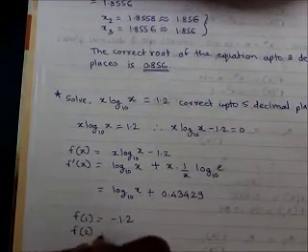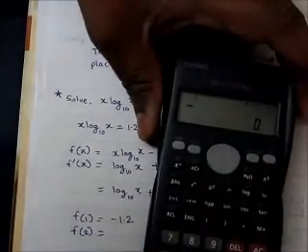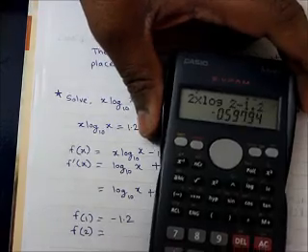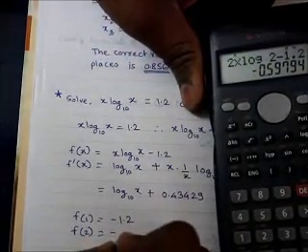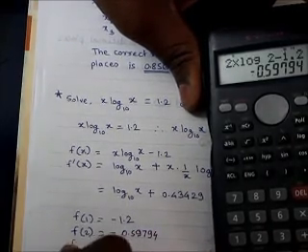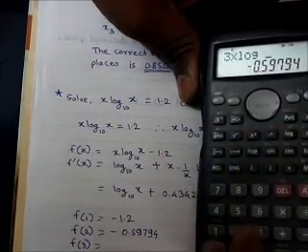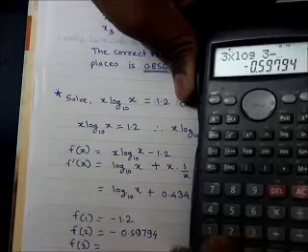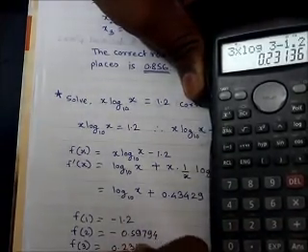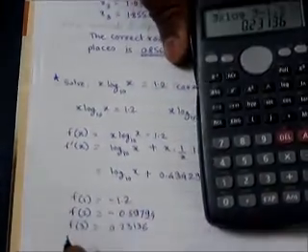Let's see what f of 2 will be. 2 into log to the base 10 of 2 minus 1.2, this is minus 0.59794. f of 3 is 3 into log to the base 10 of 3 minus 1.2, 0.23136. Okay, so there is definitely a root between 2 and 3.